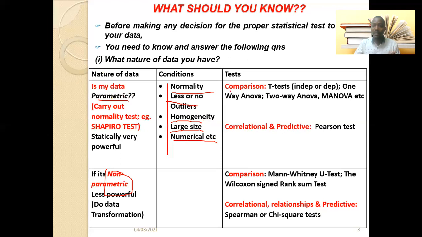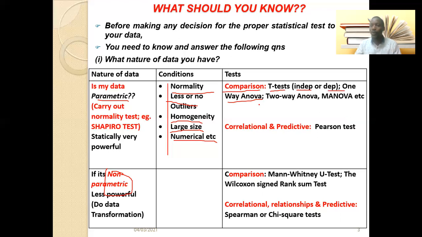If your study, for example, is for comparison, you are going to compare some variables of your study. You will use simply the t-test. It may be the independent t-test or dependent t-test. With a t-test, you are going to compare only two parameters or two groups. If you have more than two groups in comparison, you go for one-way ANOVA.